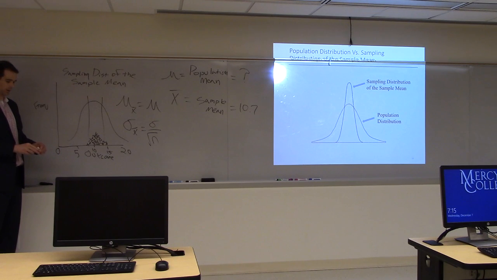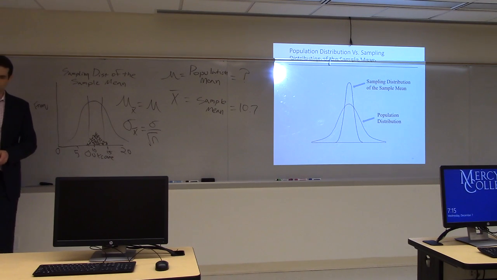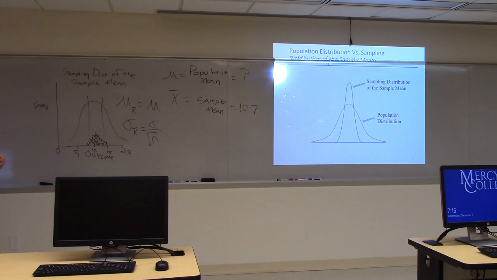So our goal here was to determine the true population mean. And in order to determine the true population mean, what did we do? We took a sample. What did that sample come out to? 10.7. Okay.